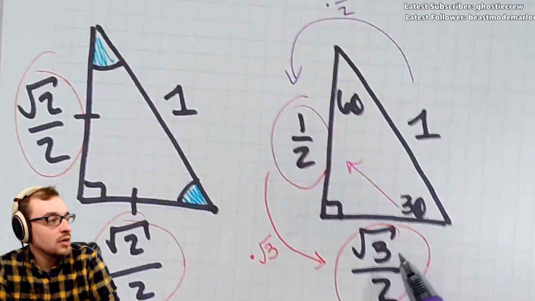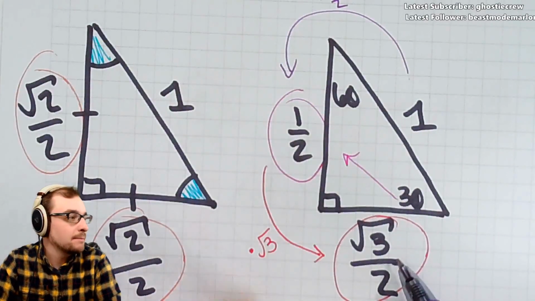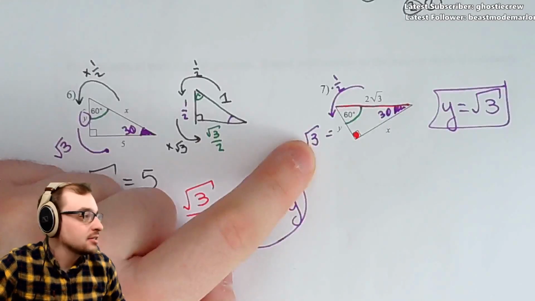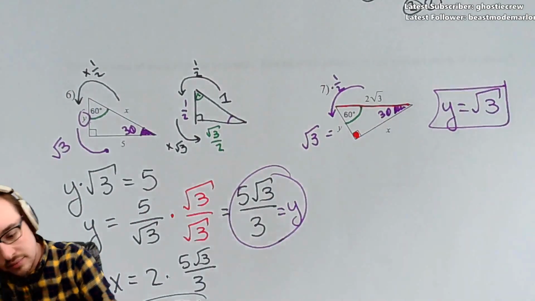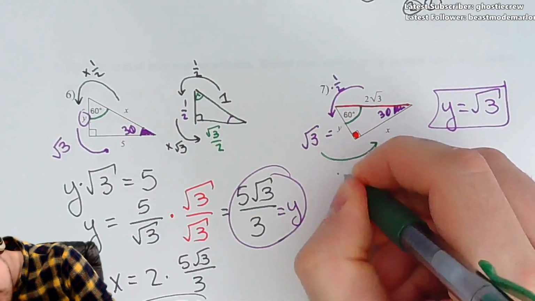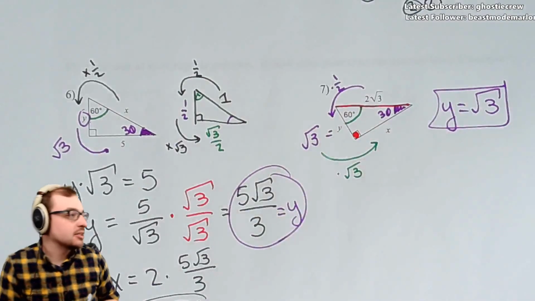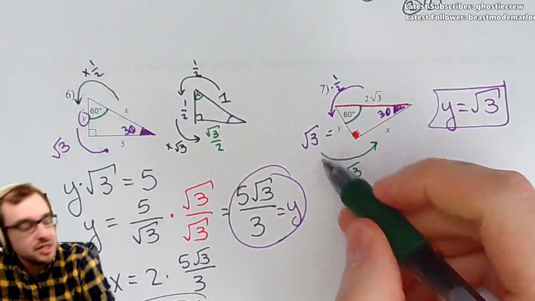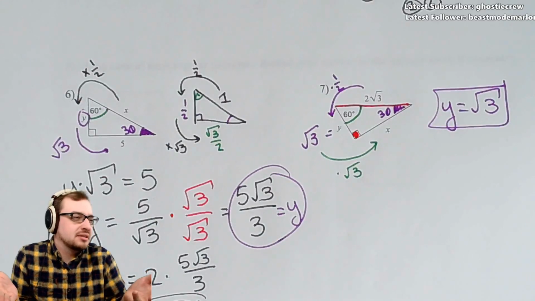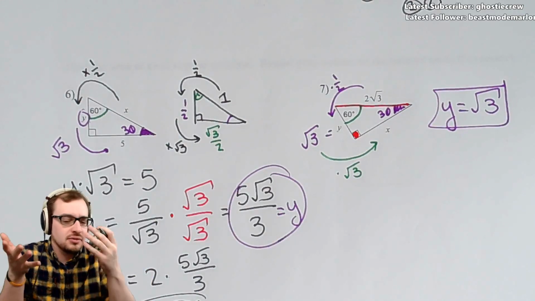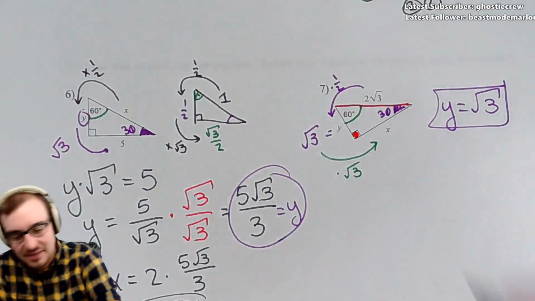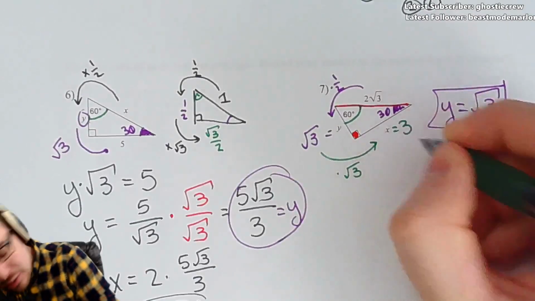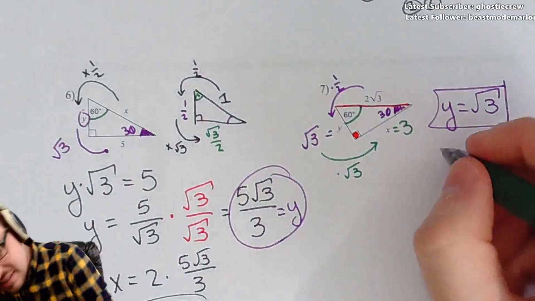And this guy's always this guy times root 3. So whatever this guy is, we multiply by root 3 and we get this guy. And that's going to get us this guy. Well, Alex, what is root 3 times root 3? Well, root 3 times root 3 is just the same number times itself, so it's root 3 squared. What's root 3 squared? 3. So x is 3.